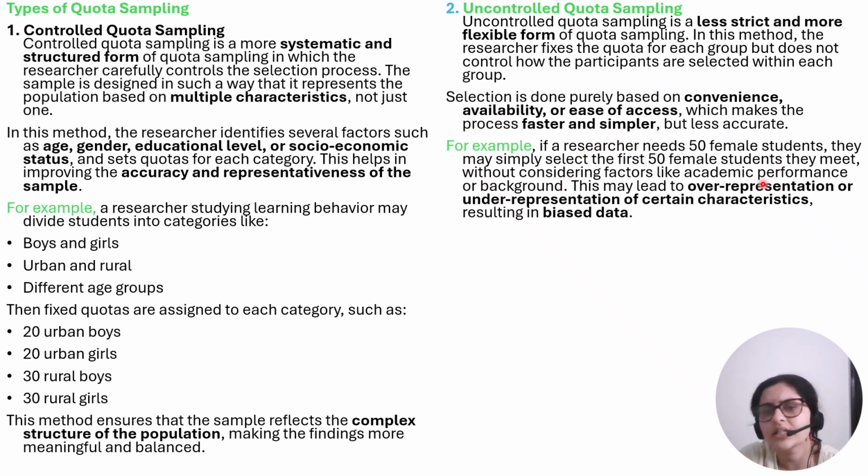For example, if a researcher needs 50 female students, they may simply select the 50 students they meet, without considering any factors like academic performance or background. This may lead to over or underrepresentation of certain characteristics and it results in biased data. He will not see any other characteristics.